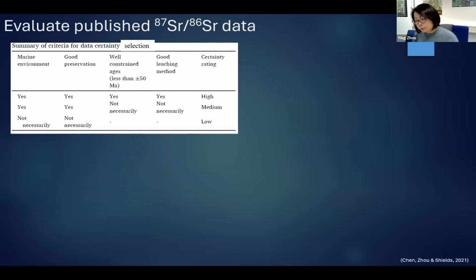And when we reviewed the published data of the Precambrian, we noticed that except for the age constraints, there are three aspects related to today's topic which will influence the strontium isotope ratio of the samples we look at. Firstly, if the samples formed inside a marine environment, if they are well preserved, to what extent the sample underwent diagenetic alteration, and also which kind of leaching method was used.